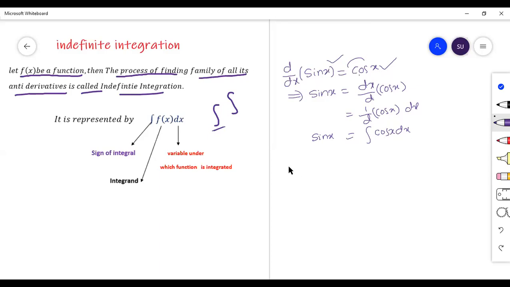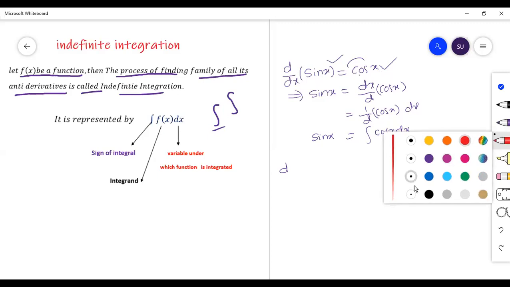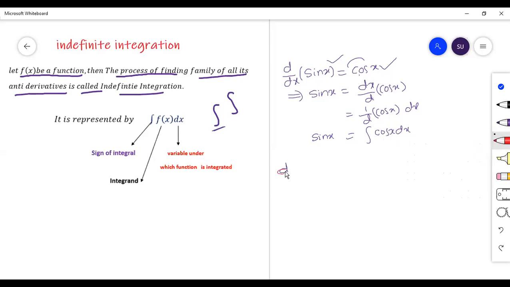Okay, that is good. Let us take another example. d by dx of sin x plus 5. What is the derivative of d by dx of sin x plus 5? d by dx of sin x is as it is cos x, plus d by dx of 5 is 0, which is equal to cos x. Now from this, the same reverse process.